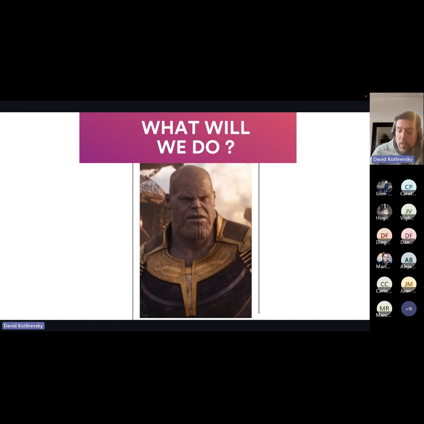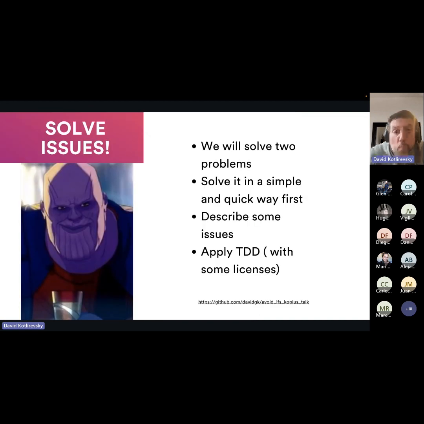What will we do? We will try to solve two problems, as I mentioned at the start. To manage expectations, I will first solve it in a simple and quick way. The problems are deterministic in some way, in the sense that the results are accurate. We will not check boundaries.